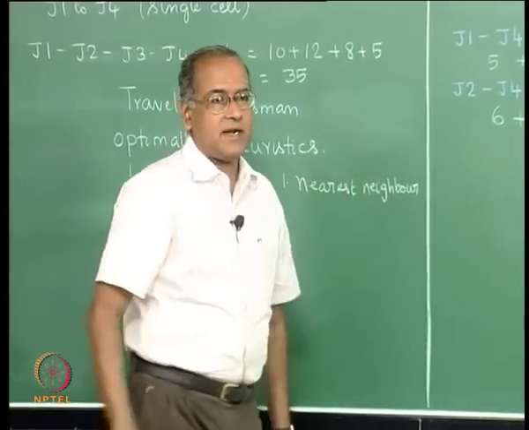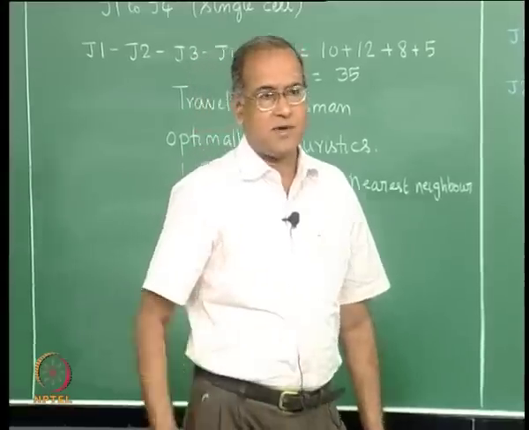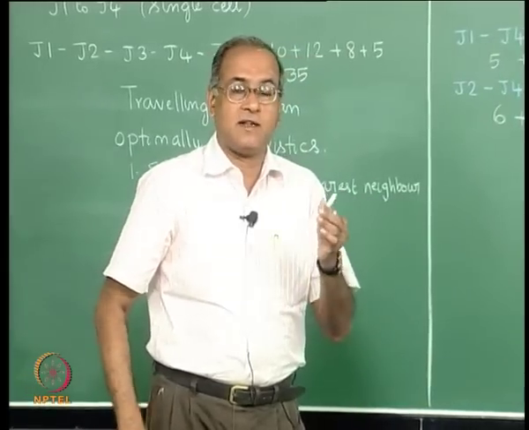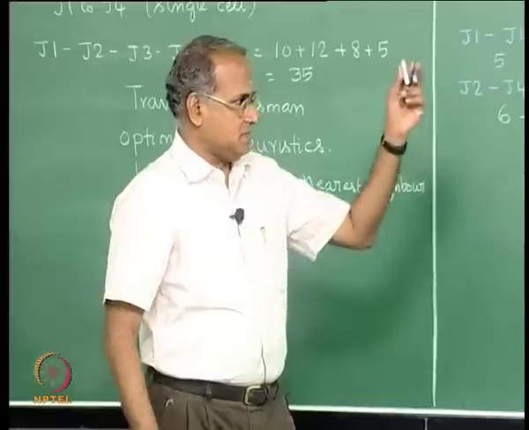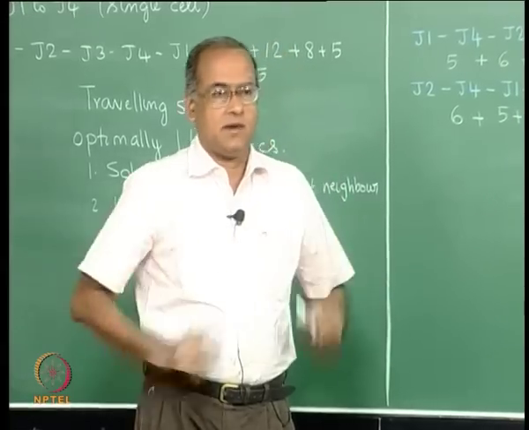Now, such a matrix or a TSP is called a symmetric TSP, or cyclic sometimes. Sometimes it is not symmetric, which means D12 could be 10, D21 could be 12.